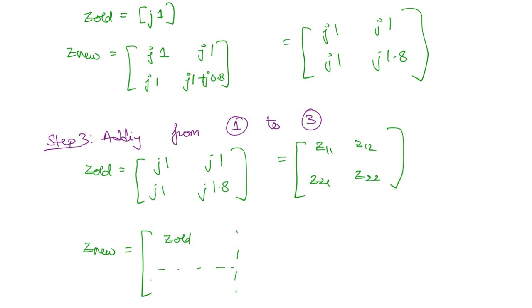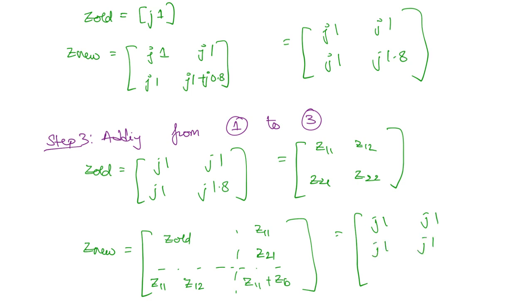So this is going to be Z11, Z12 and here Z11, Z21, right, the first column elements, and then here you have Z11 plus ZB, okay. So finally you are going to get old matrix will be as it is, j1.8, and new elements are j1, j1, j1, j1 and j1.5 you are going to get. So this is the new matrix.